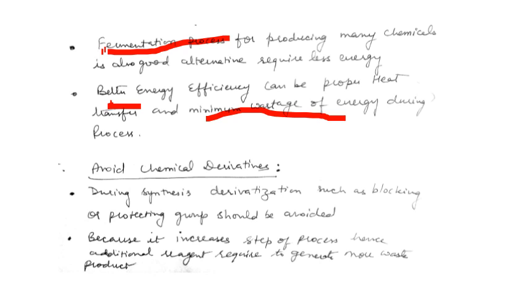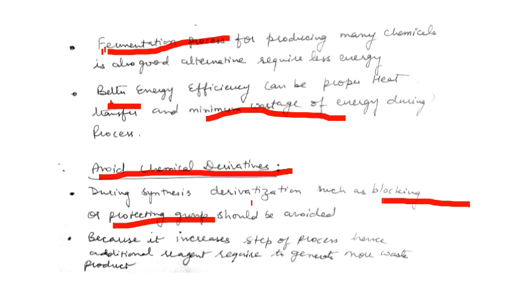The next principle is avoid chemical derivatives. Avoid chemical derivatives during the synthesis, as I have explained earlier. Derivatization such as blocking or protecting groups should be avoided.